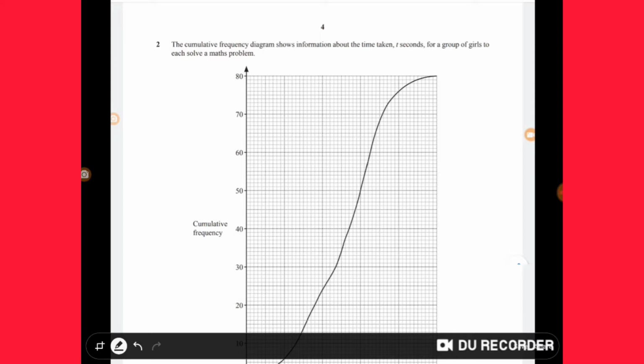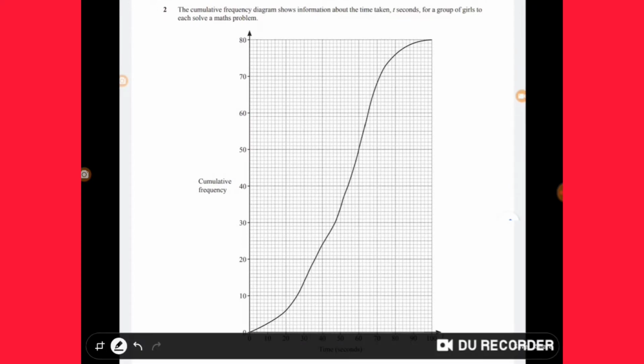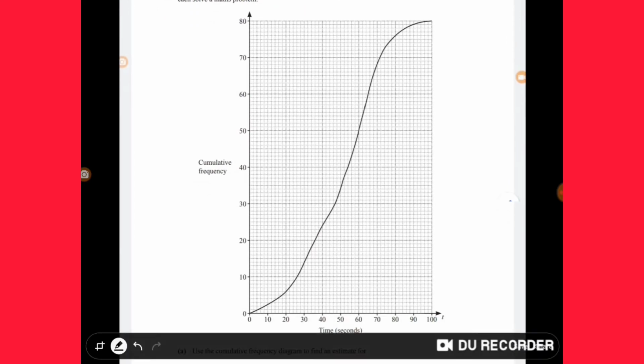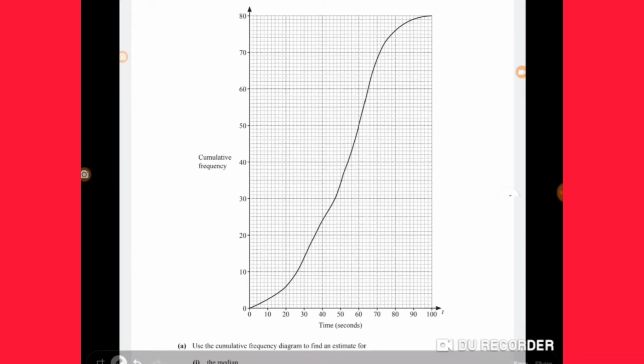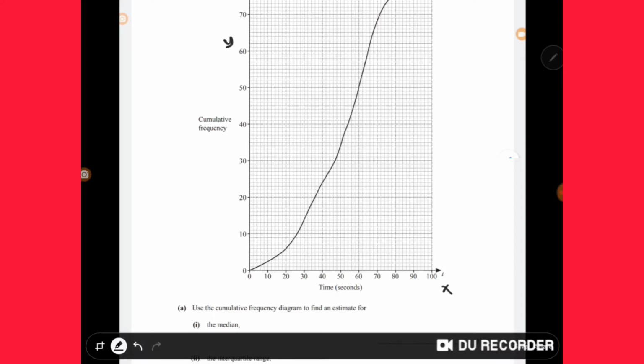The cumulative frequency diagram shows information about the time taken, t seconds, for a group of girls to each solve a math problem. So this is the diagram. The y-axis represents the cumulative frequency and the x-axis represents the time in seconds.